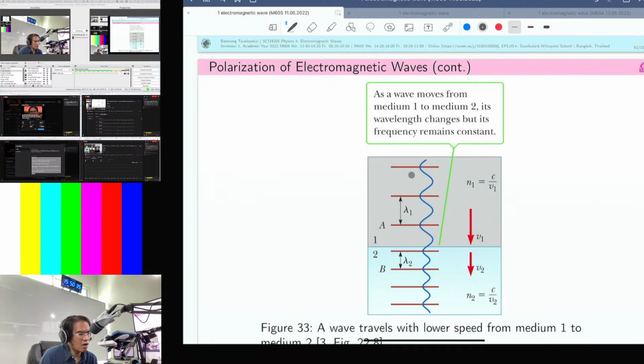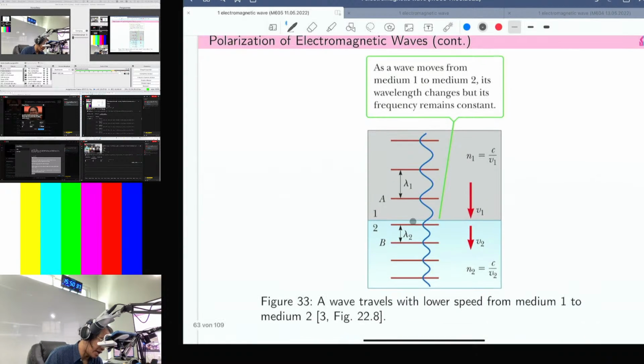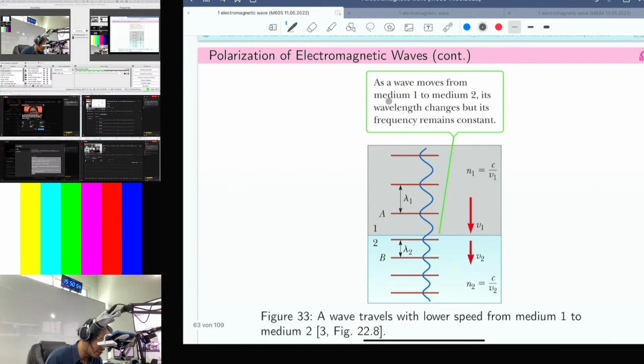Let's talk about this scenario. Let's say you have material A and material B. They are different from each other, with different structures of atoms. The electromagnetic wave, which is the light, starts from this one. Let's say it has a wavelength like this, quite long.